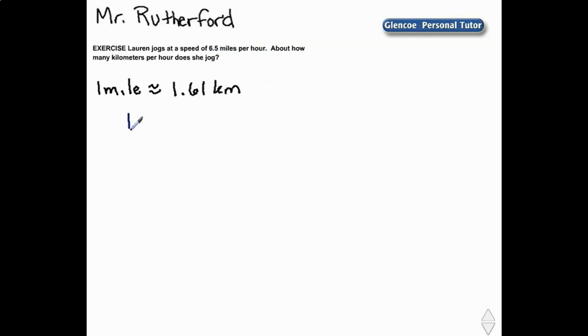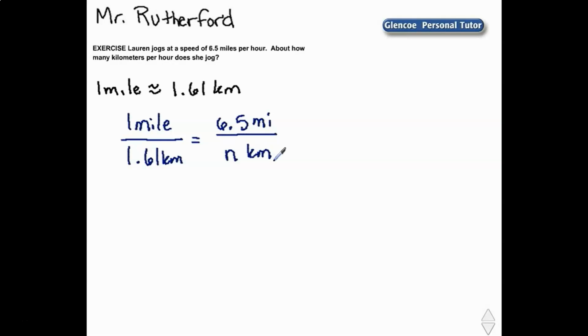So let's write a ratio. We have 1 mile to 1.61 kilometers, and then we have another proportion, which is our 6.5 miles per hour to an unknown quantity of kilometers.